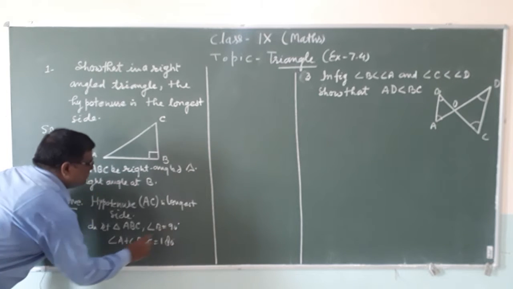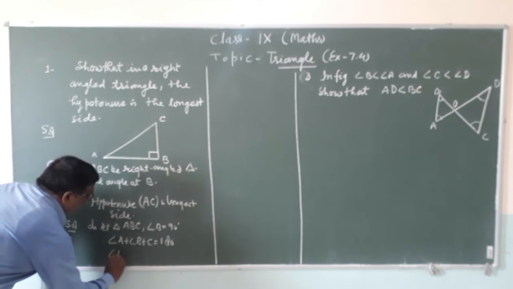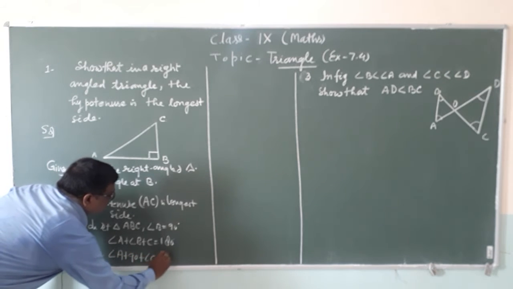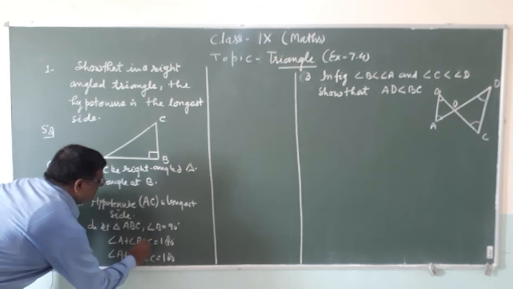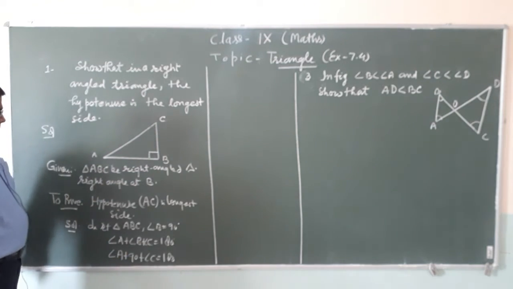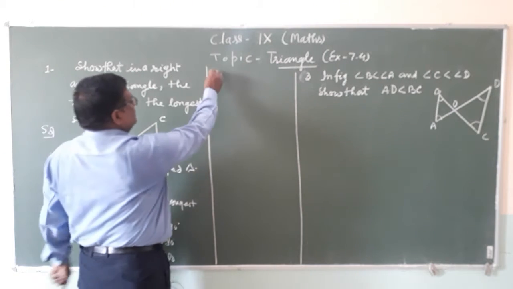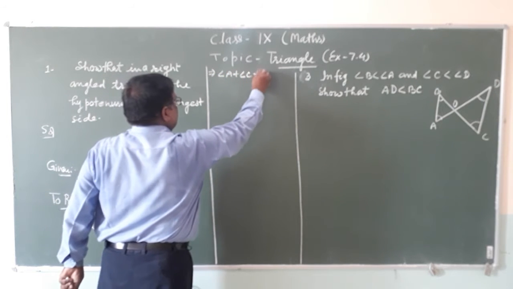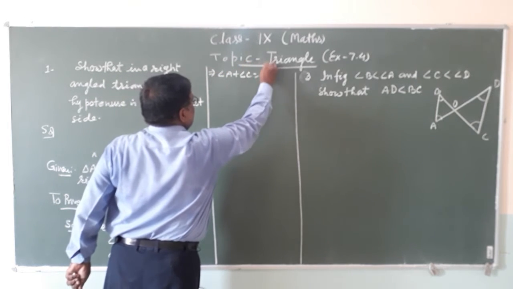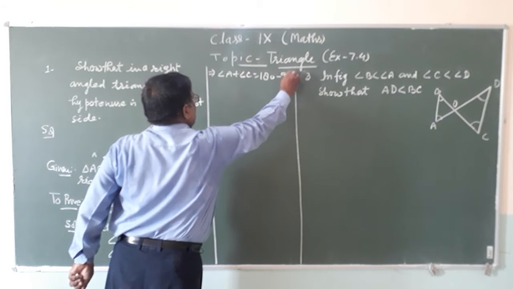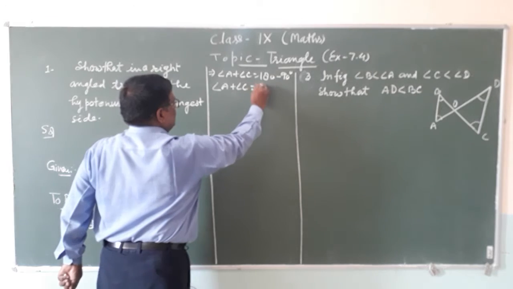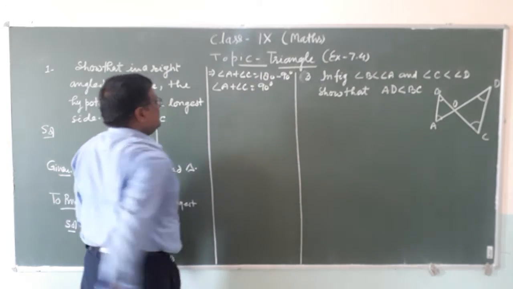So we put angle B equal to 90 degrees: angle A plus 90 plus angle C is equal to 180 degrees. Therefore, angle A plus angle C is equal to 180 minus 90. So angle A plus angle C is equal to 90 degrees.